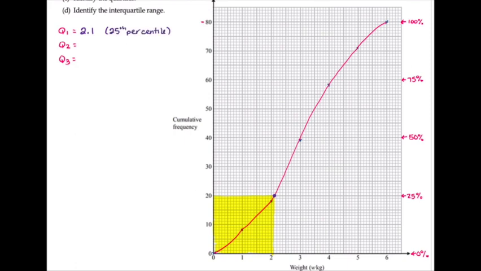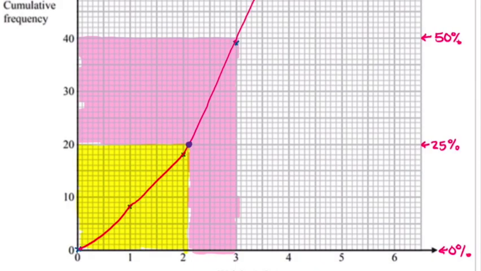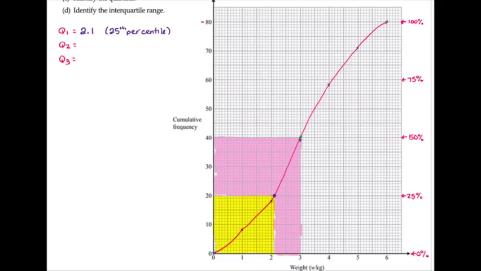50% of my data, where does that lie? So let me do the same thing. Let me highlight this. So looking at my graph, again, not so accurate, it looks like the graph intersects somewhere here. So roughly at 3.